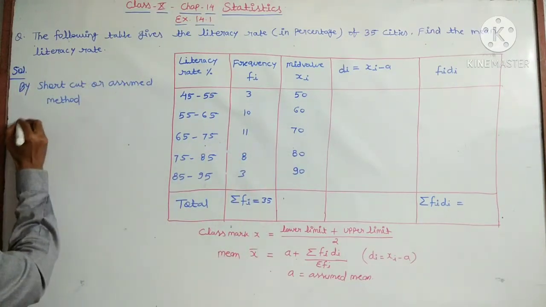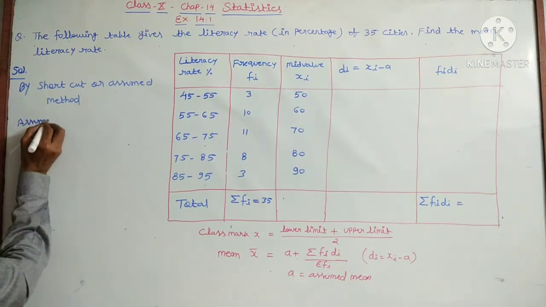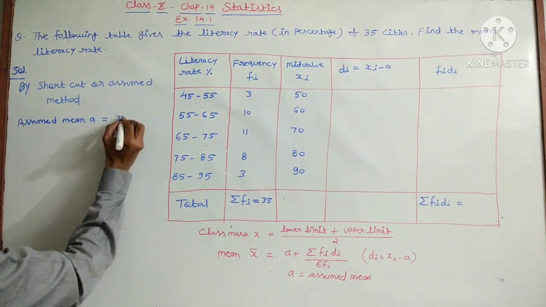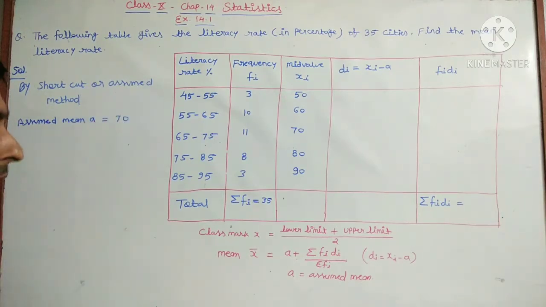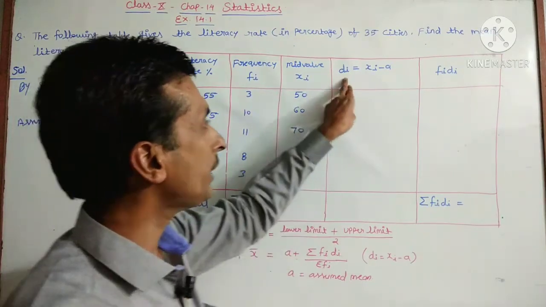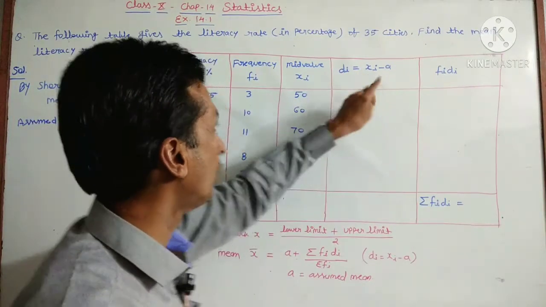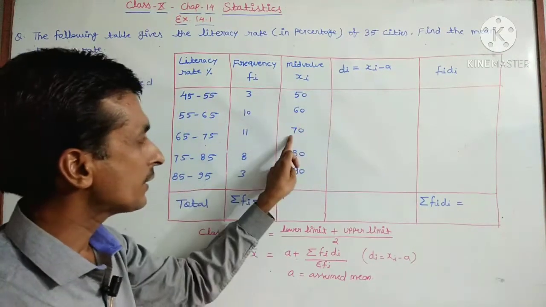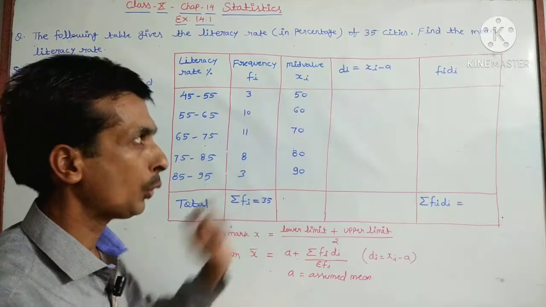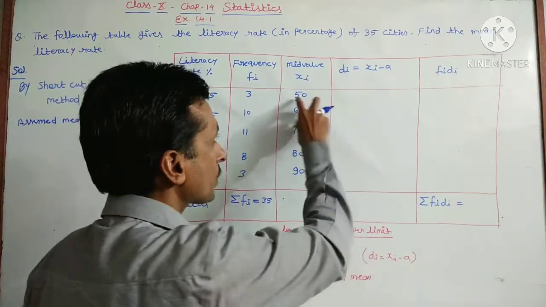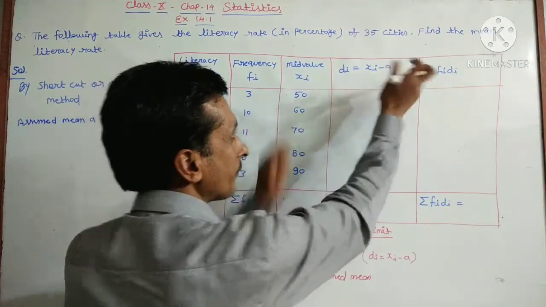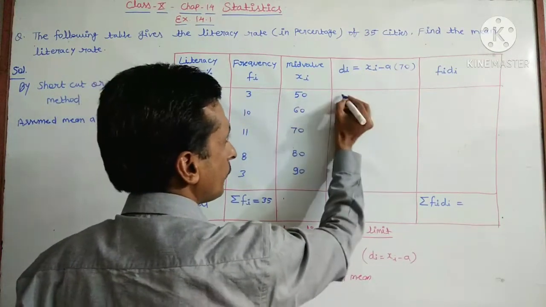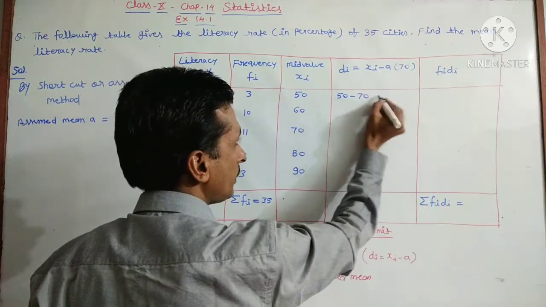So now you can write assumed mean, a is equal to 70. Okay friends, and the next step is di equal to xi minus a. Here i means the first value is 50, second is x2 which is 60, then the third, fourth and fifth value. So di, how to find? First one, 50 minus 70, how much?